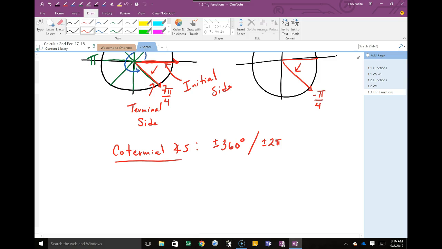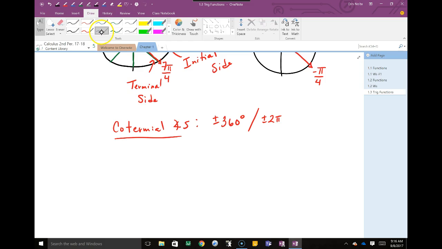Shall I do an example? Okay, how about 230? Give me a positive coterminal angle.